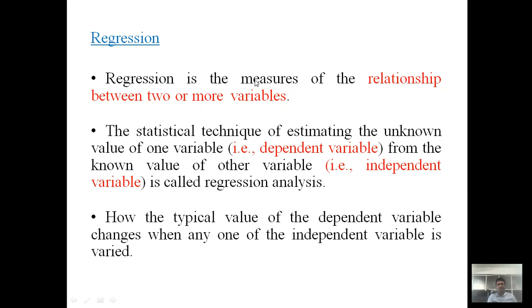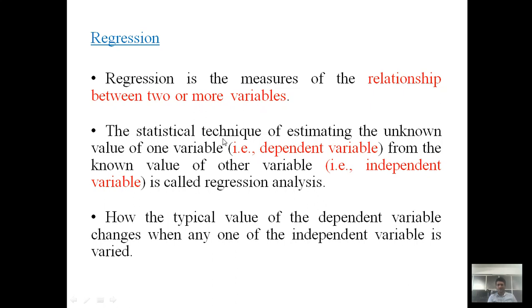Regression is the measure of relationship between two or more variables. It is one of the statistical techniques that approximately estimates the unknown value of a variable. Out of these, one is the dependent and the second one is the independent variable.